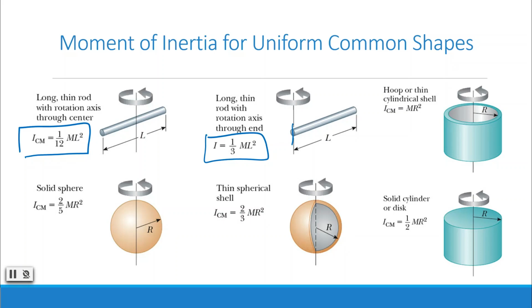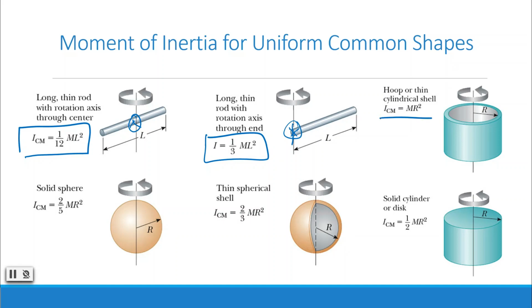And 1/3 is a larger fraction than 1/12, telling us that the rotational inertia of the rod is larger when rotated about an end. And if you think about it, if you want to spin a baton quickly, like a twirler, they're going to spin that baton about the center. And it'll spin slower if they try and do the same thing about one end.